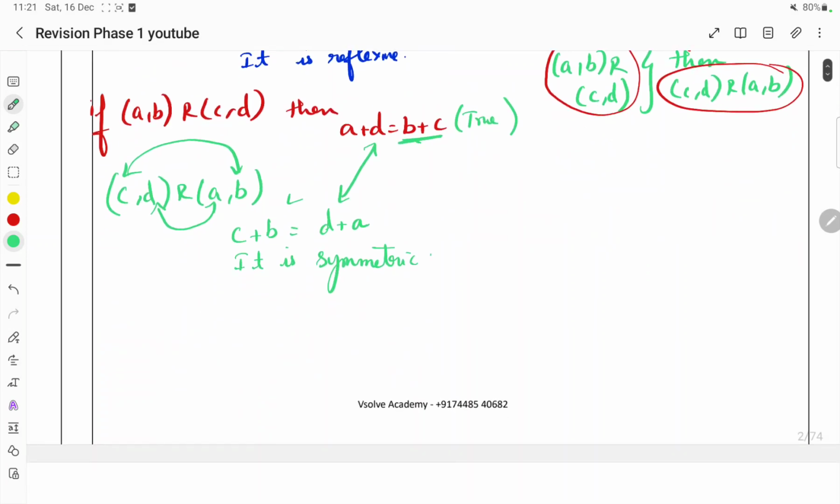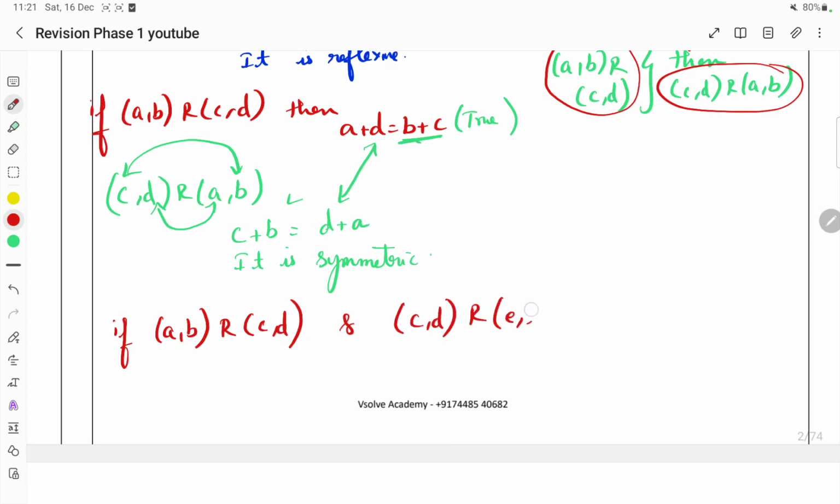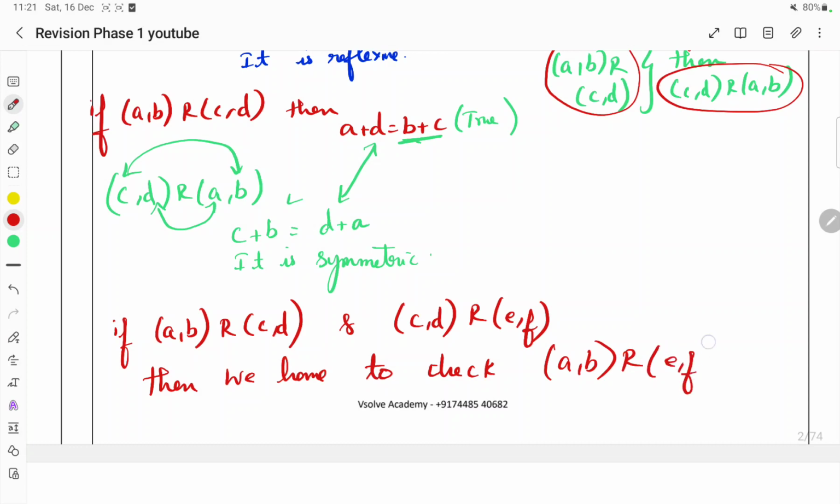Next, we will check whether it is transitive or not. In transitive, if (a, b) is related with (c, d) and (c, d) is related with some (e, f), then we have to check whether (a, b) is related with (e, f) or not.